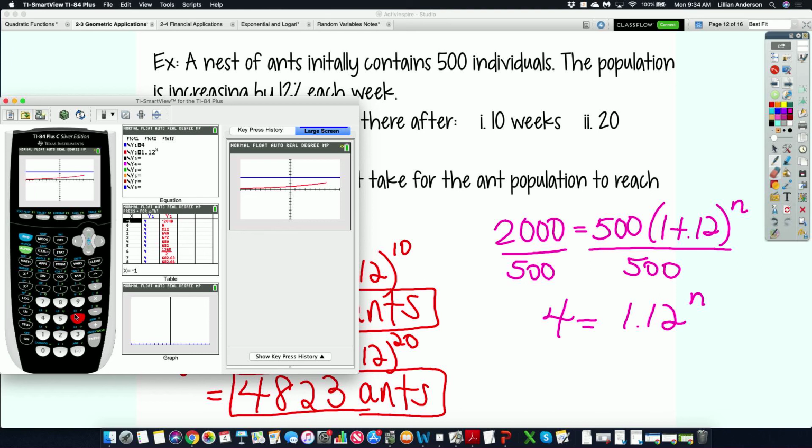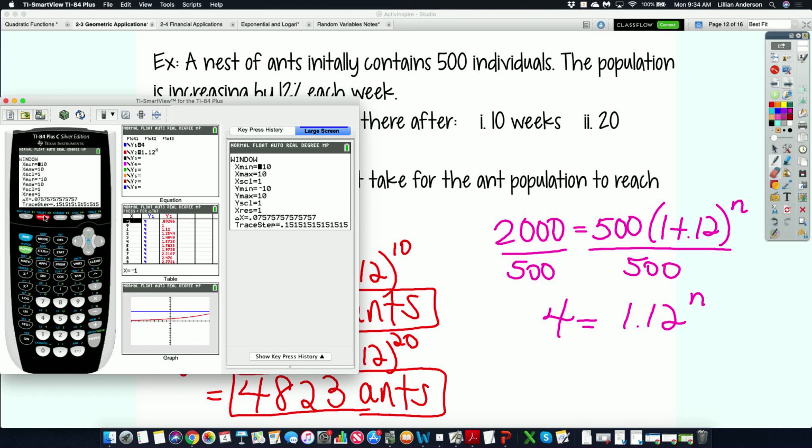Actually, stop. I did 15. Okay. I'm going to change my X max to 15. There we go. All right.